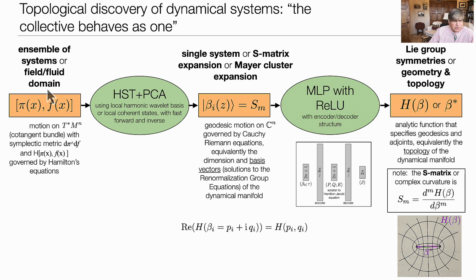And to simulate this motion in the fluid field domain, where you now have these functions that have an infinite number of coordinates x, right? You then do this deep deconvolution using the Heisenberg Scattering Transformation, which I will talk about more in a bit.